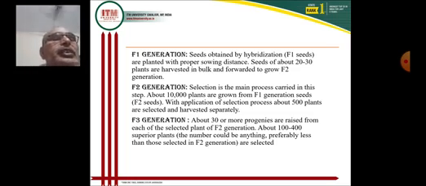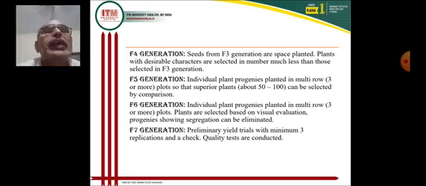So in F3 generation, about 100 to 400 superior plants are selected. In F4 generation, seed from F3 generation are spaced planted. Plants with desirable characters are selected in number much less than those selected in F3 generation. So in this generation, less plants are selected in comparison to F3 generation.